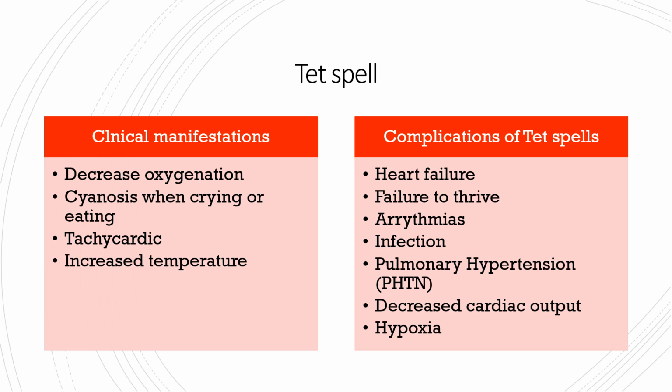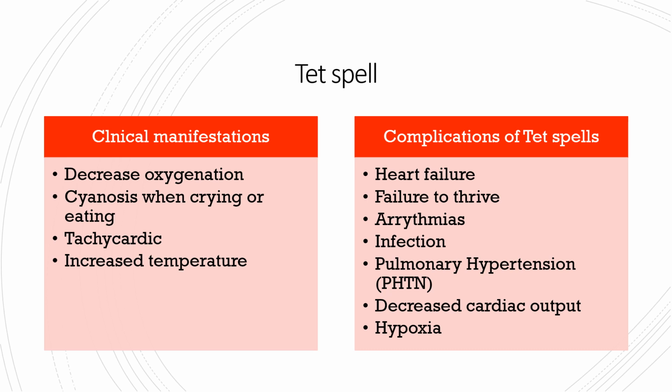They'll get more tachycardic, very diaphoretic, and their temperatures will increase. With TET spells, the complications can include heart failure and failure to thrive, because they are using so much energy to make their heart work that all the calories are going towards making sure their heart is functioning. You can also get arrhythmias.